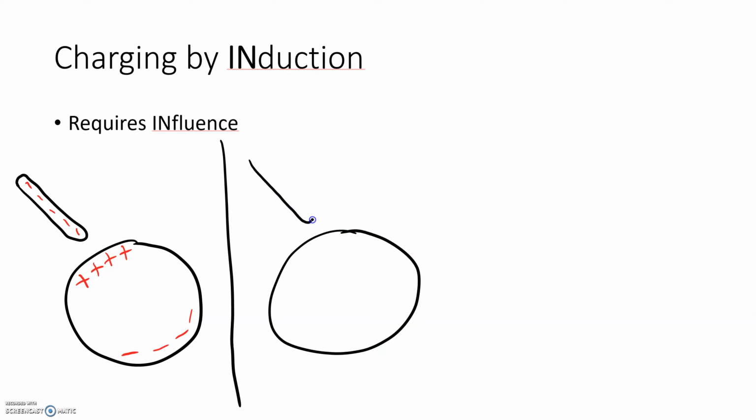So what I do is, keeping the rod in place with its influence on the sphere, I want to create an escape route for the excess electrons to move down and away into the ground.